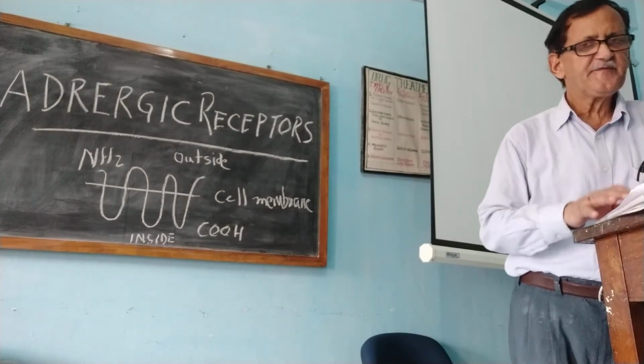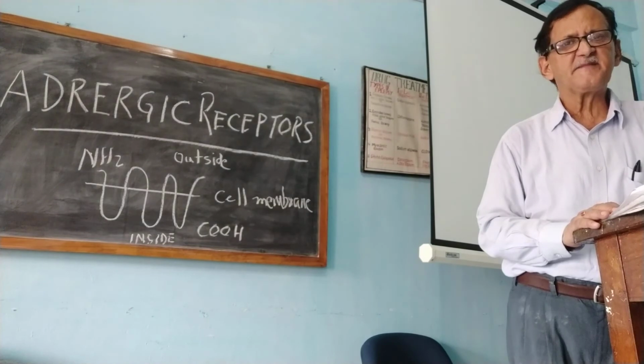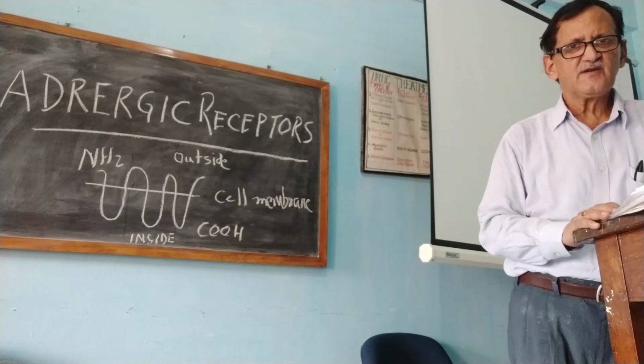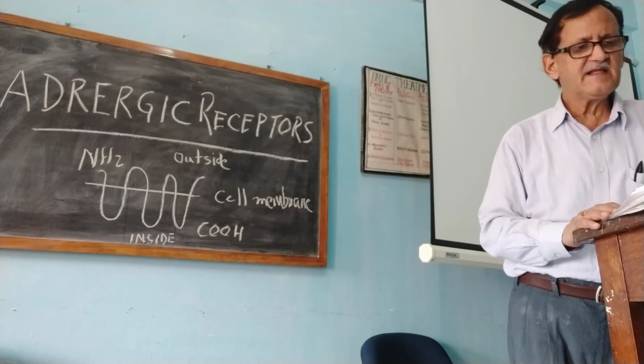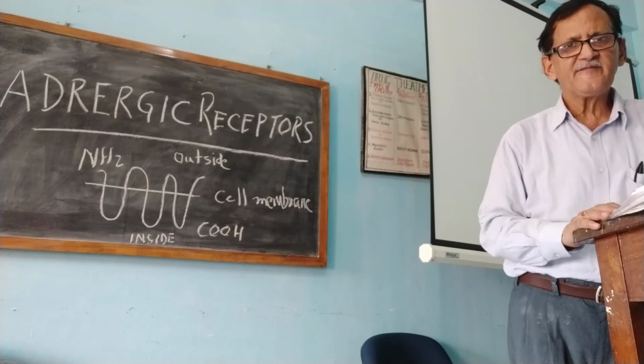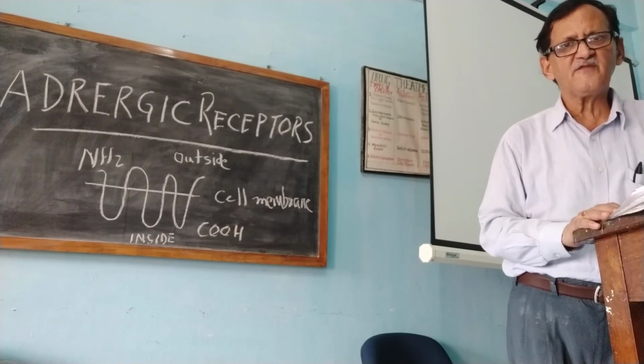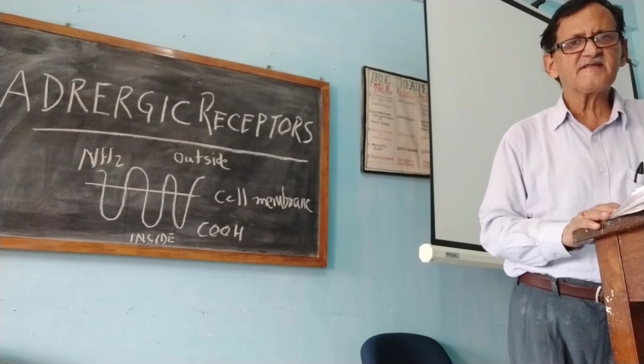Now we come to dopamine receptors. Dopamine, you know very well that it is precursor of noradrenaline and adrenaline. When we were studying synthesis of catecholamines, you must have noticed that dopamine comes before noradrenaline and adrenaline.